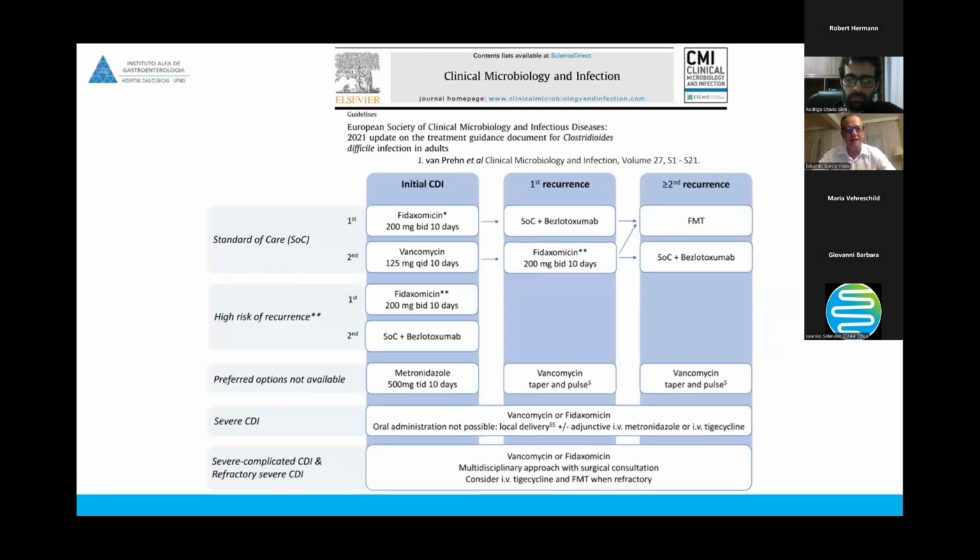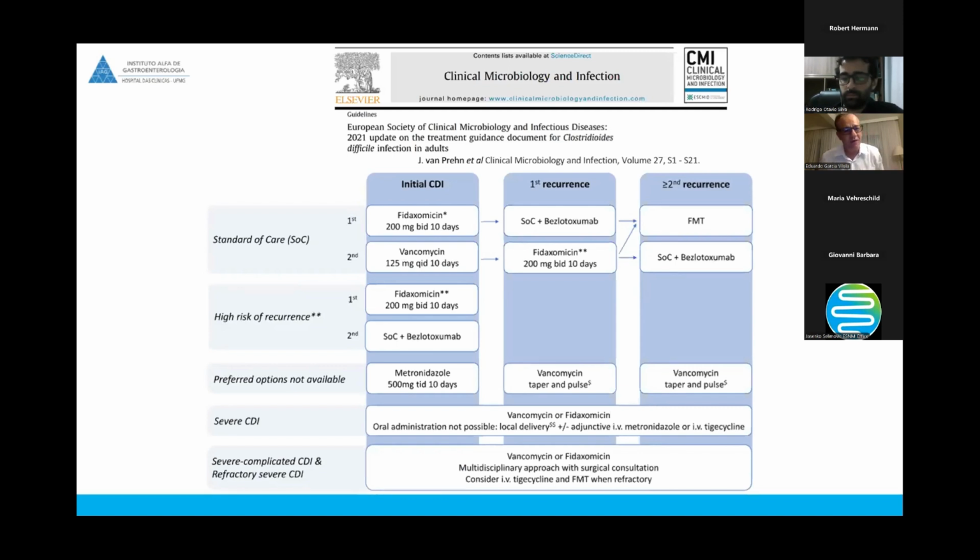This slide represents the recommendations of the European Society, and we don't have fidaxomicin here. We have had it for 5 years, but now we don't know how to buy it. There is no commercial use of fidaxomicin in Brazil.